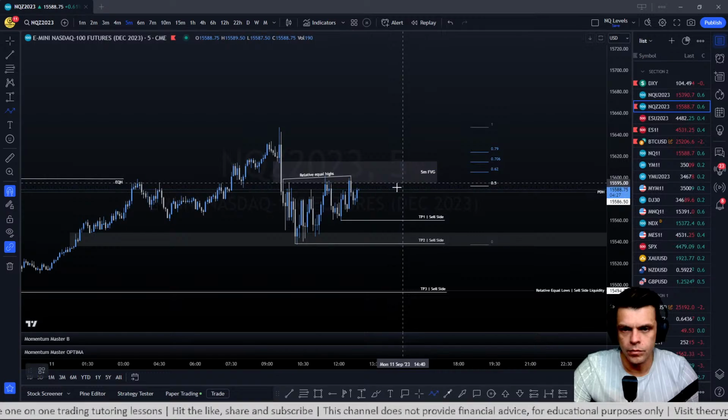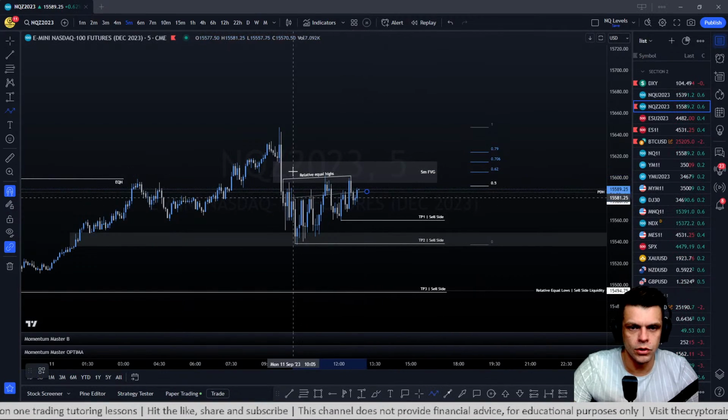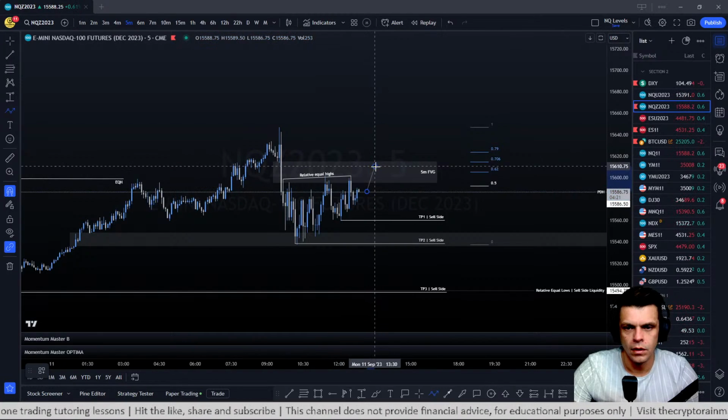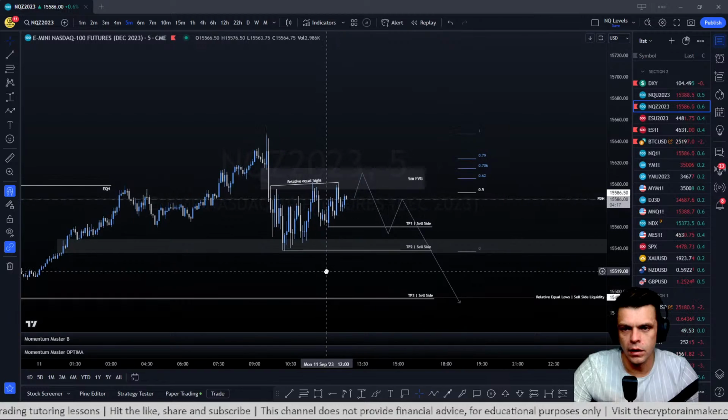Okay, so we want to see price action stab into this area and then displace, retrace, and then go for our TPs.